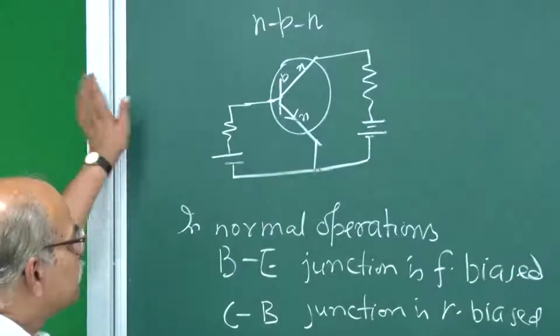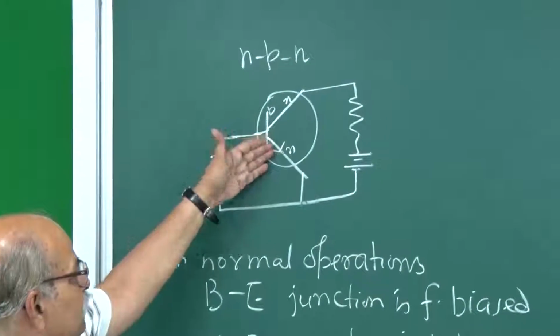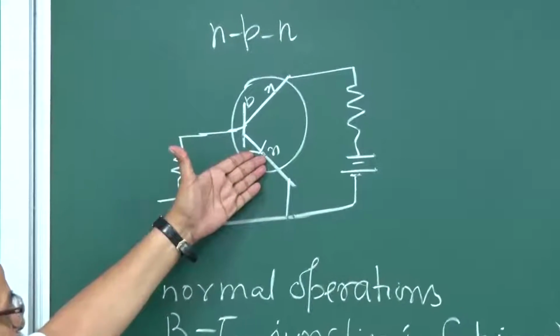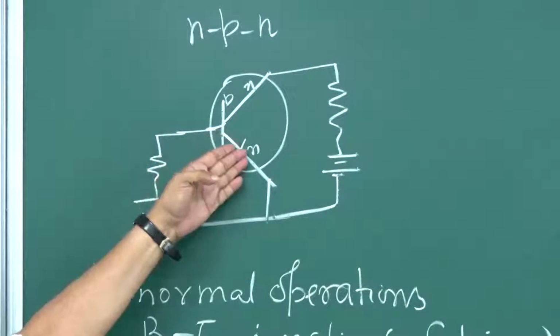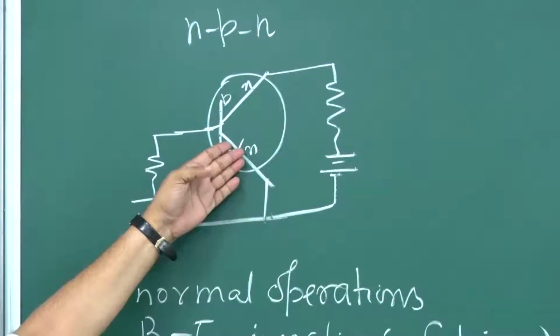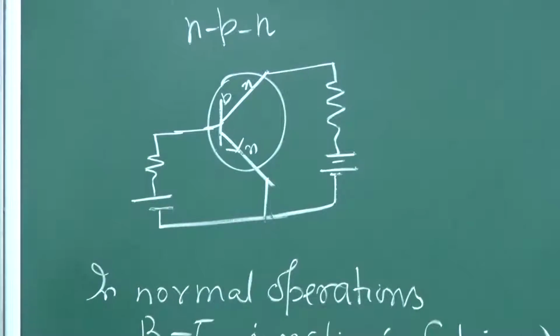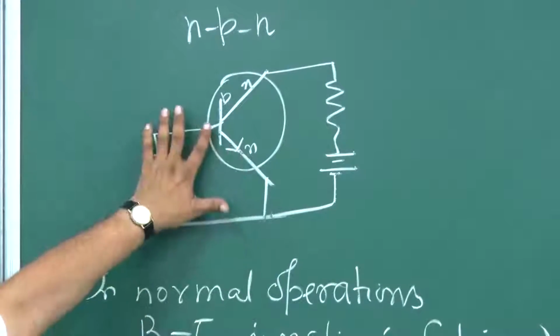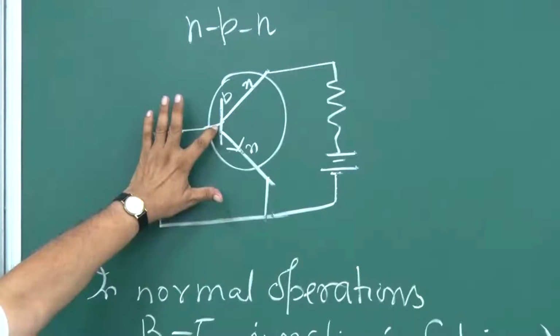So, what happens because of this forward bias? Lot of electrons are injected from the emitter into the base, because this is heavily doped. Because of that large concentration, this carrier injection is also large, and those things go here.